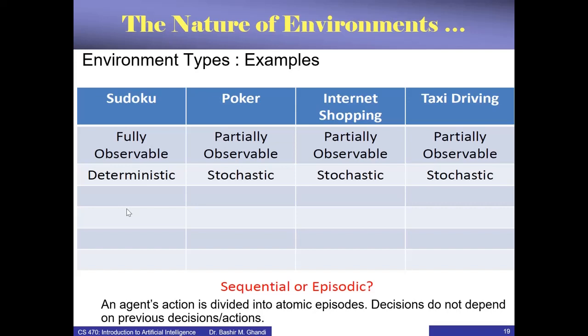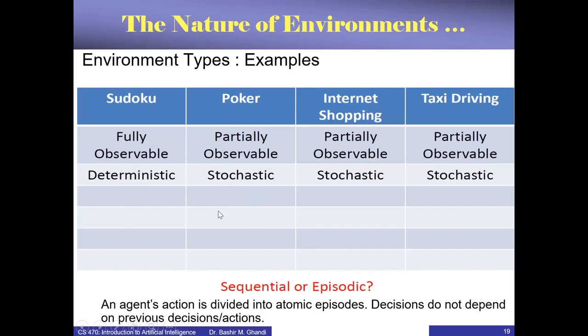For example, if you were able to deduce that a certain cell should have 4, then you know that the remaining cells cannot have 4 again, because each cell has to have a unique digit within that row or within that column or within that small box. So you can say the Sudoku game is sequential.